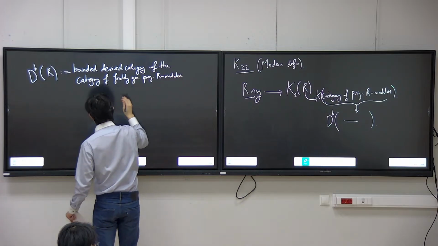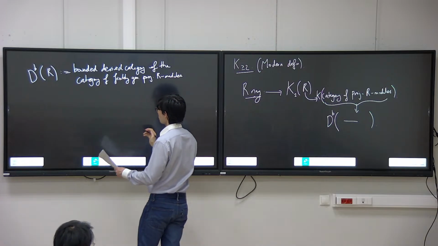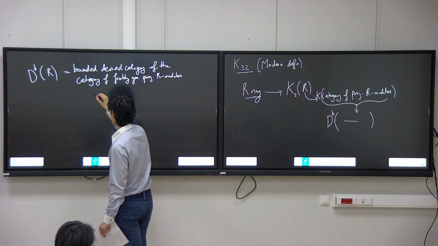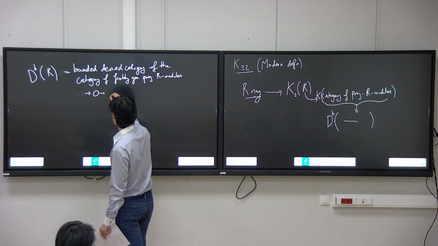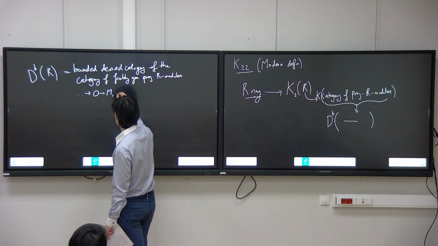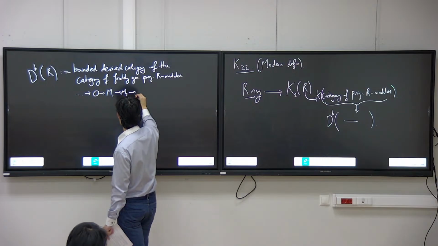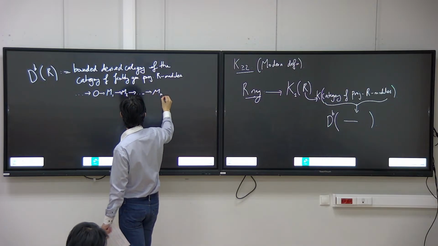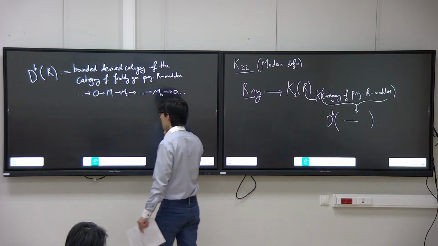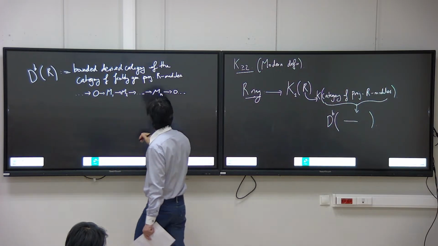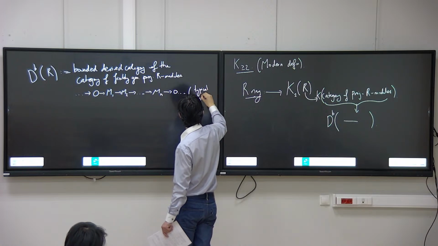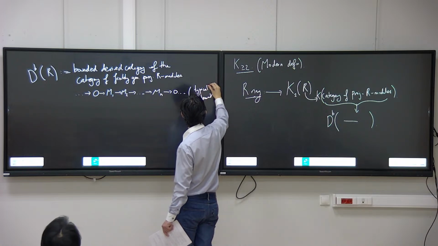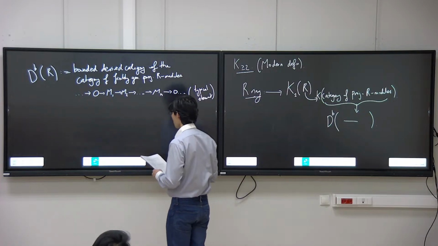A typical element up to equivalence looks something like this: 0 coming in, and then some finite projective R module. But this is up to isomorphism, so you have to be careful.